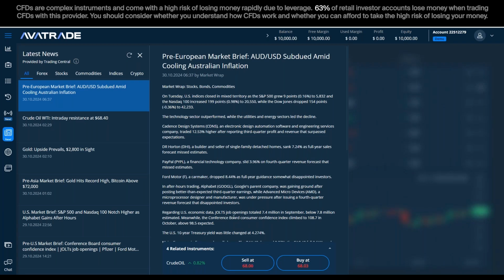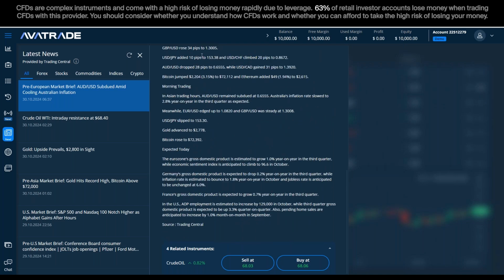And in here, in the pre-European market brief, we see Aussie USD, Sambad, amid cooling Australian inflation. And if I scroll down, I see all kind of interesting things. Very good. And at the bottom here, I can see the related instruments. Why is that very efficient?